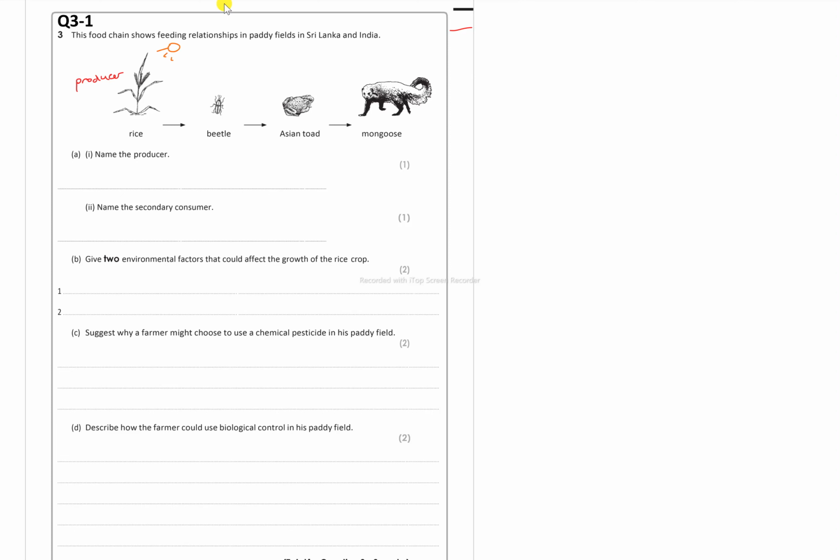Something that uses the sun, photosynthesis to make its own food. This eats the producer, so this is called the primary consumer. The Asian toad eats the beetle, so it's the secondary consumer.